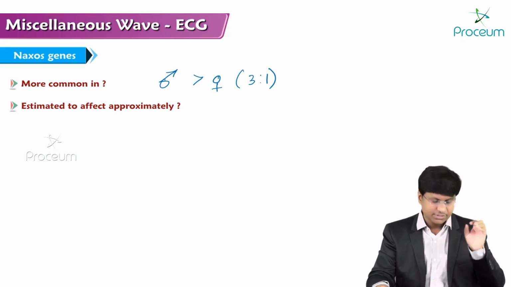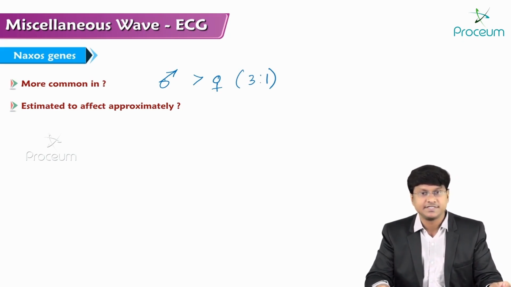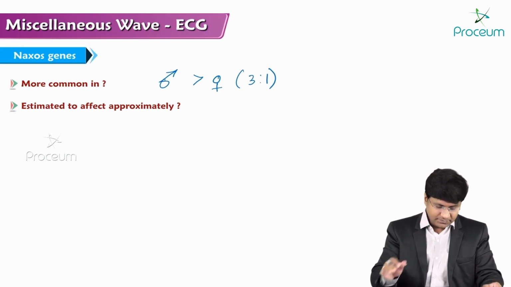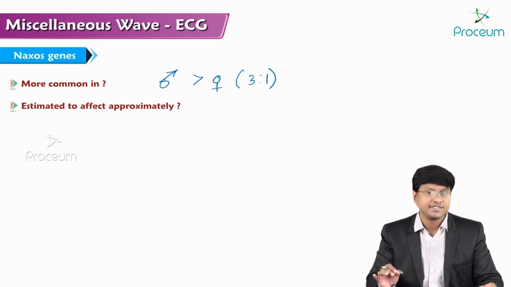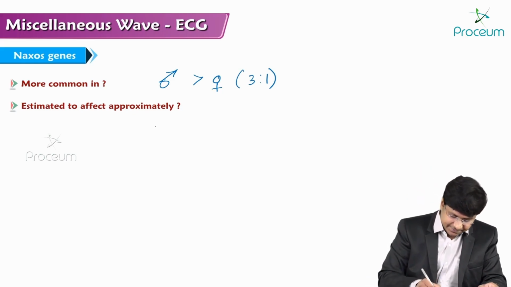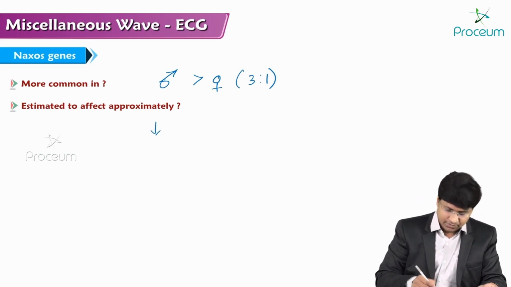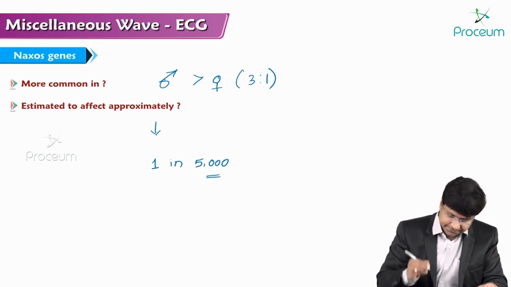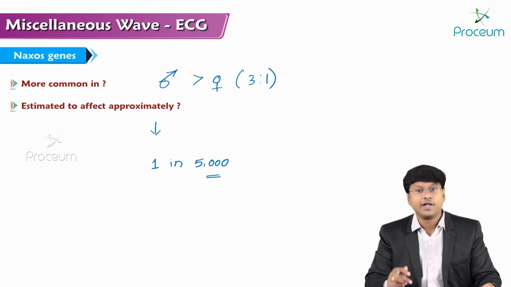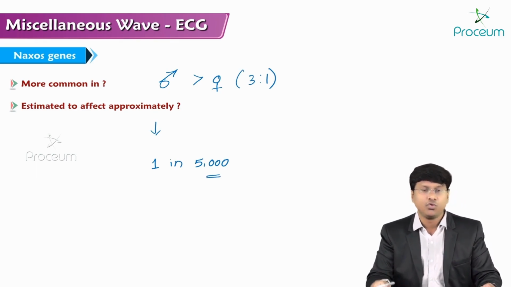In those individuals, this arrhythmogenic right ventricular dysplasia is more common. Now, if you see the incidence, it is around 1 in 5,000 people overall.